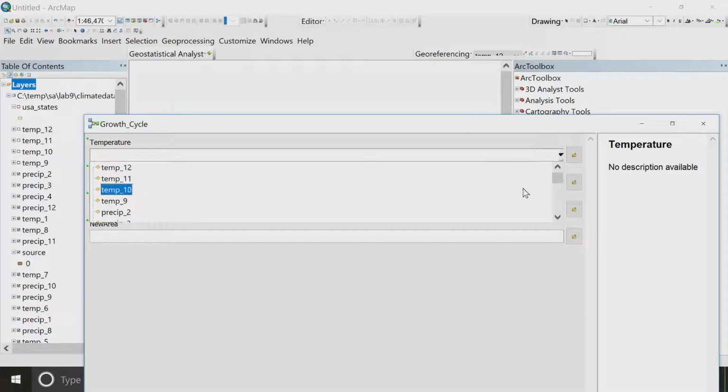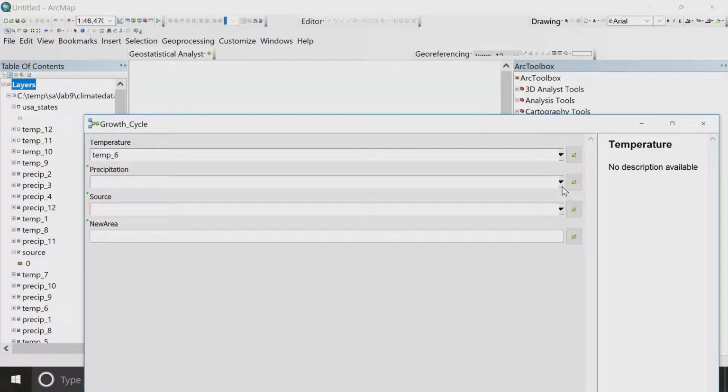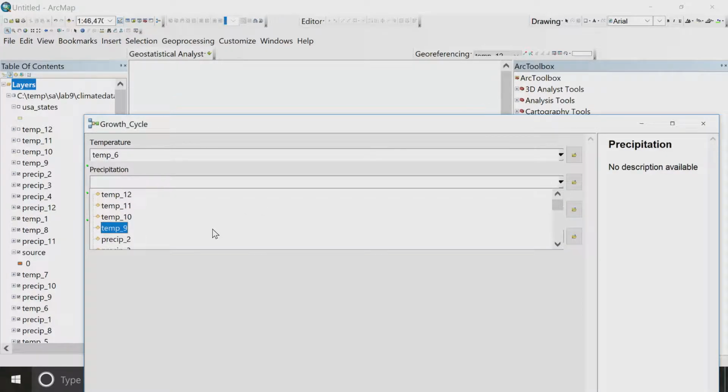So I'm going to fill out, when did we say it was starting? June? So June would be 6, right? So I'm going to go to temperature 6. Temperature 6, precip 6, precip 9, precip.